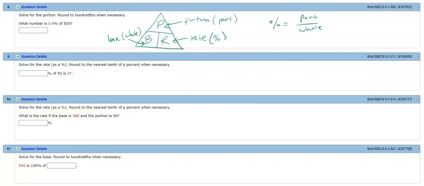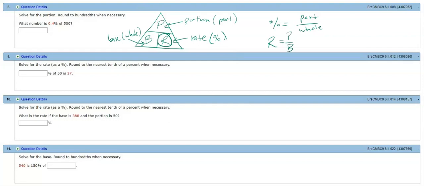The way that you use this triangle is that you figure out which one you're looking for. So in this case, we're trying to solve for rate. You circle that one or think of covering that one up, and you see what is left over. There's a P on the top and a B on the bottom, so the rate is P over B.